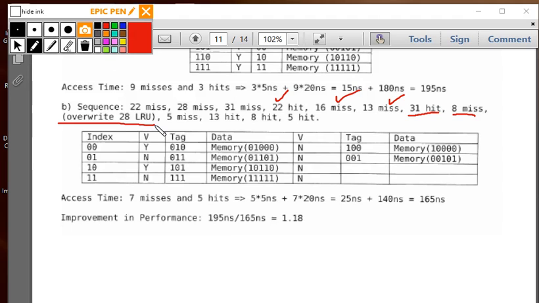So what happened is we had 16 was also in there, in 0, 0. And before that, we had 28. So 28 was our least recently used because you see 28 came before 16. So that's different than 28 and 22, which we had before. Does that make sense? I'm willing to draw this table up and kind of go through everything again over here on the side. So we had our dual set associativity.